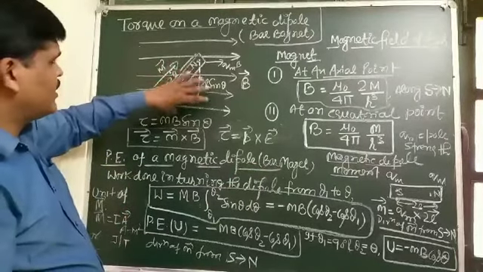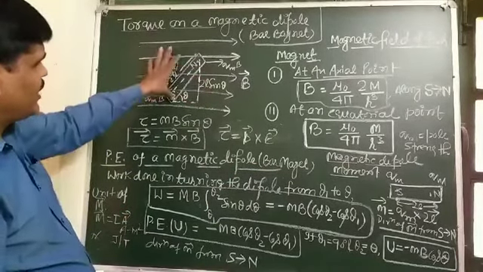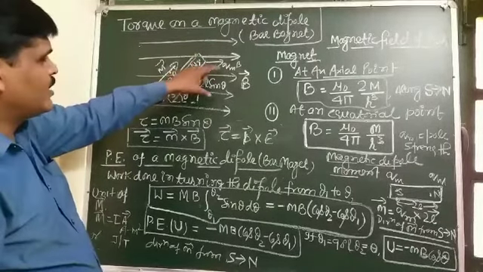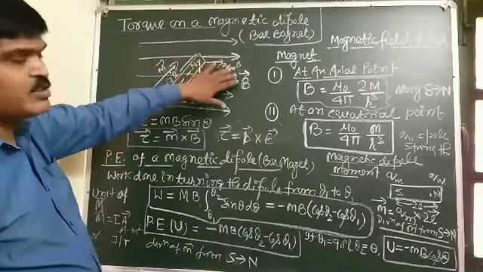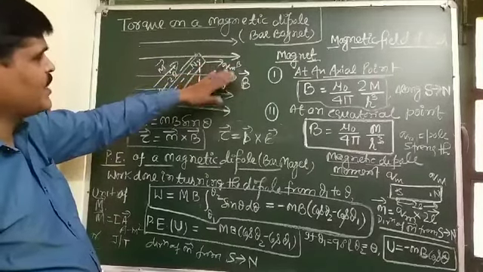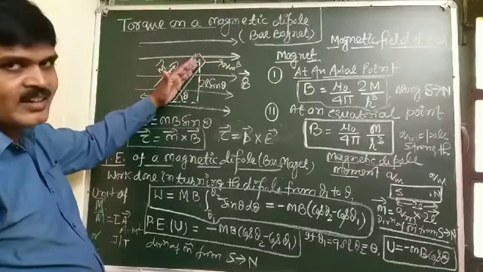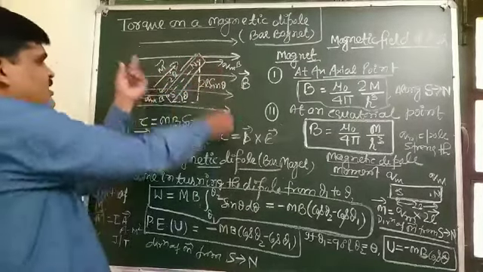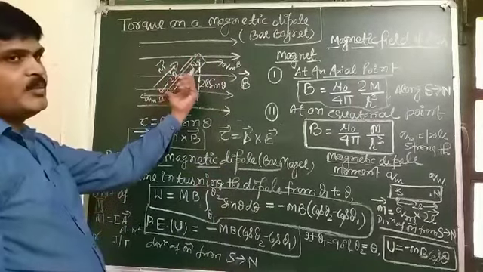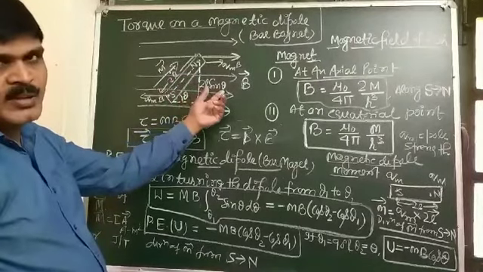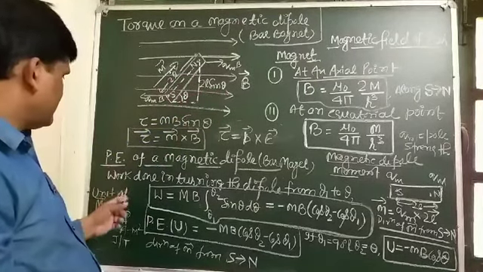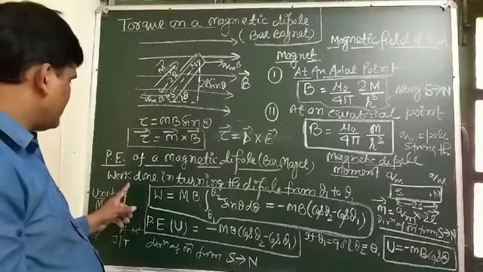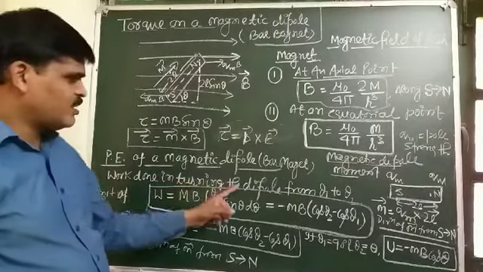So if this dipole is rotated, if this magnetic dipole is placed in the uniform magnetic field making angle theta, this magnetic field tries to align the magnetic dipole in the direction of the magnetic field. So here I am writing the formula directly of work done in turning the dipole.